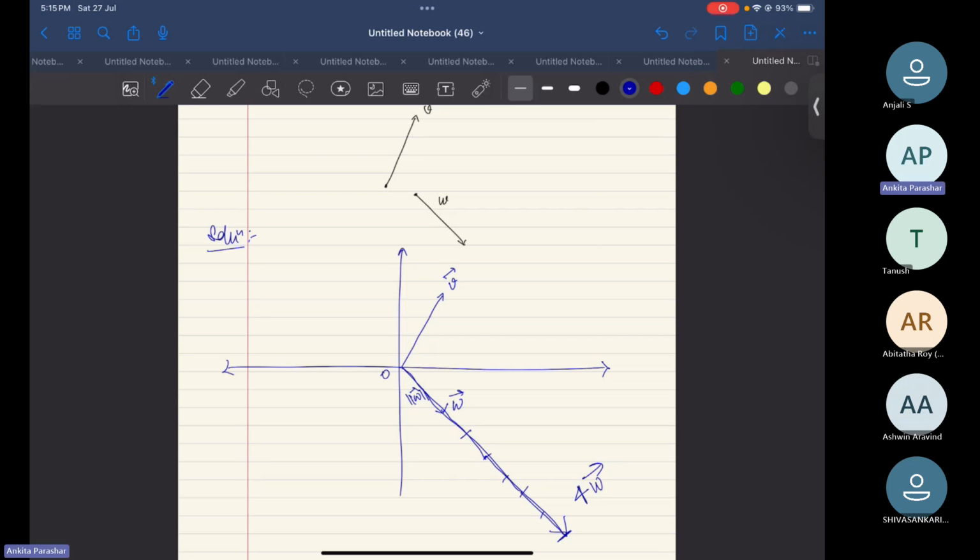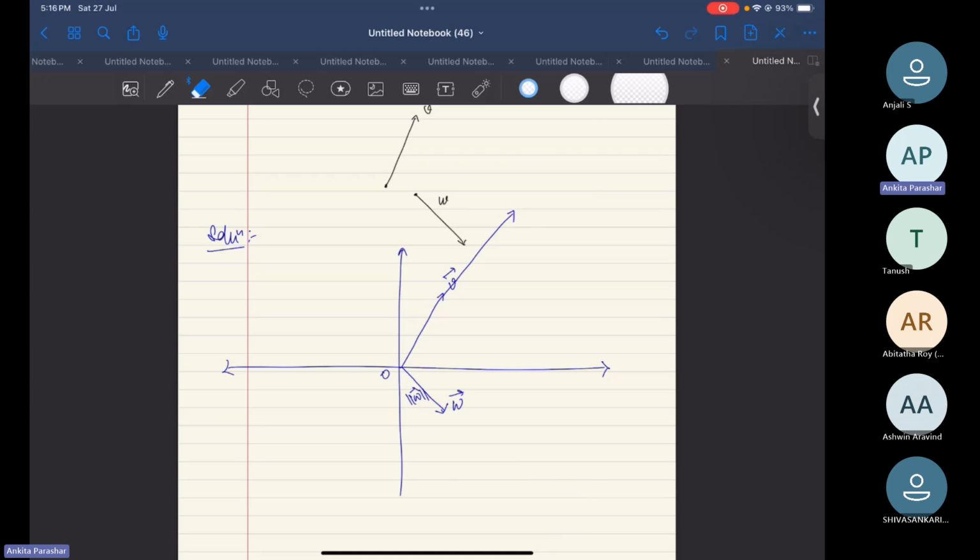I know it's a simple thing, but let's do it once. Maybe it's simple, but you can still say, right? Ma'am, extending the vector V twice and then adding it to W using the parallelogram law.